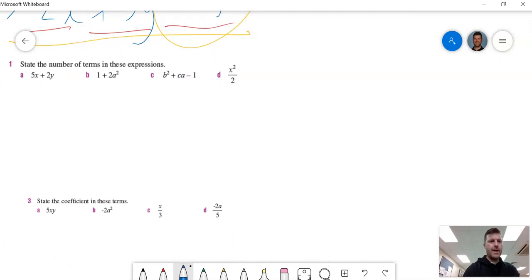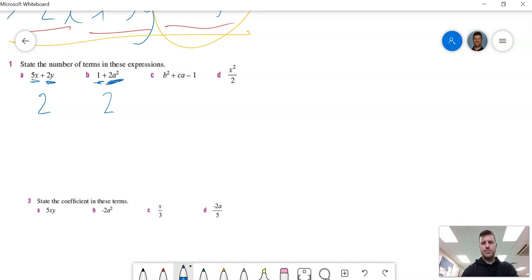So if I'm looking at A, I've got 5x and positive 2y, and of course that means there's 2 terms there. In the second expression, I've got 1, which is a constant term. I've got 2a squared, and again, 2 terms. What's the coefficient of a squared in the second term?